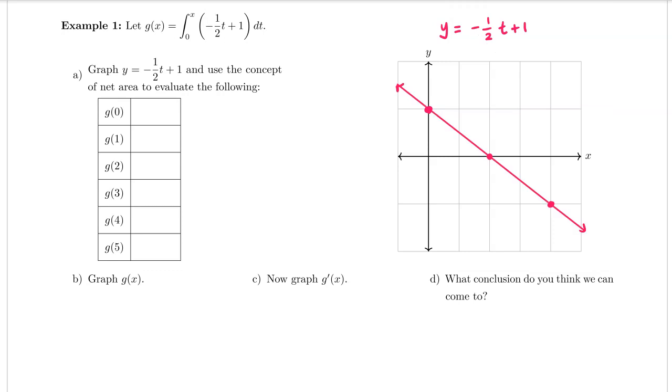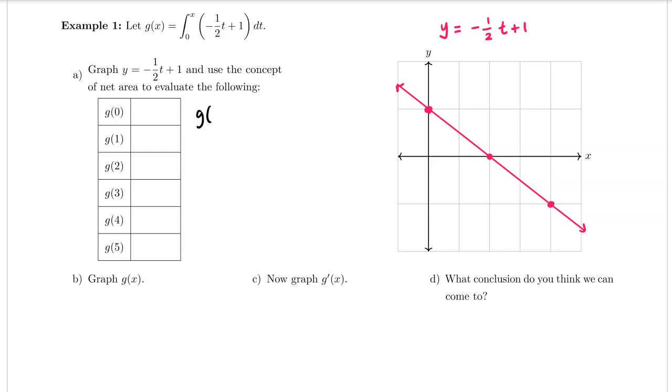All right, so we've graphed our line, and off to the side here, we want to go ahead and evaluate these specific x values into our g function. Now be careful, we are plugging these x values into g and not into the linear function y.